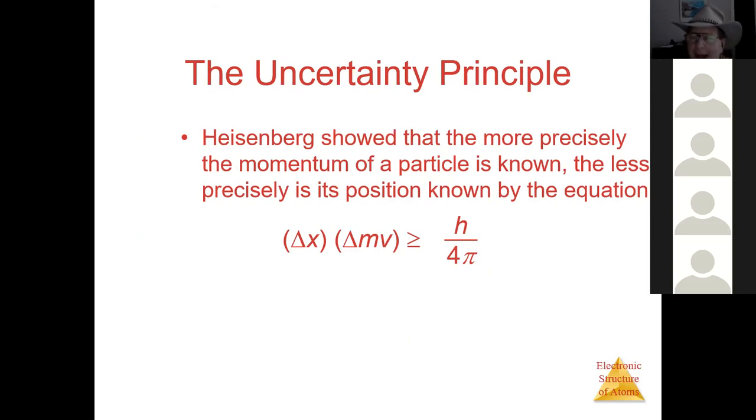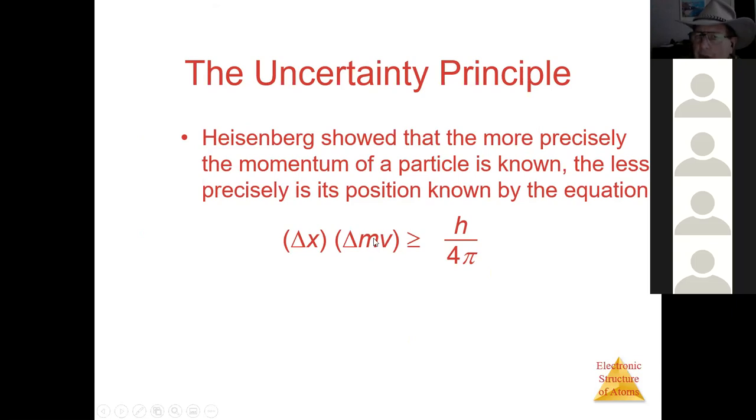Basically, Heisenberg came out and said, the more we know about where the electron is, the less we know about its velocity. The more we know about the velocity, the less we know about its position. Because what he's related it to is we have a constant h, Planck's constant, we have pi and we have 4. This side of the equation is a constant.